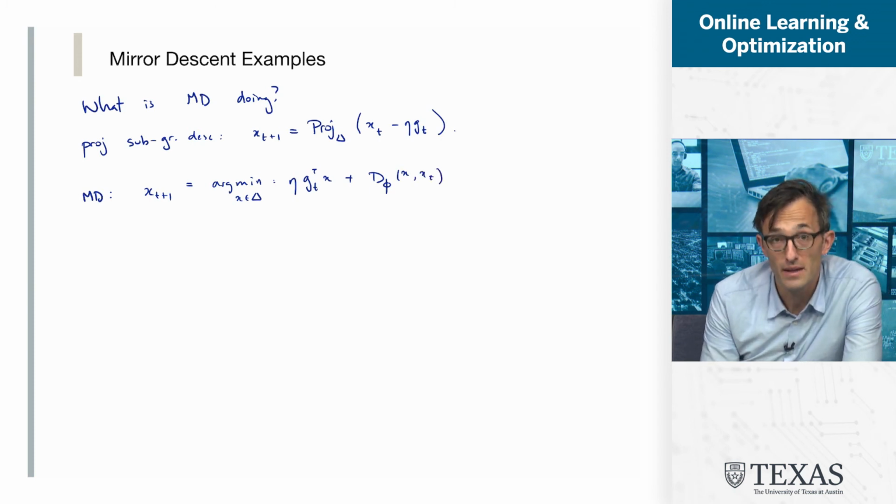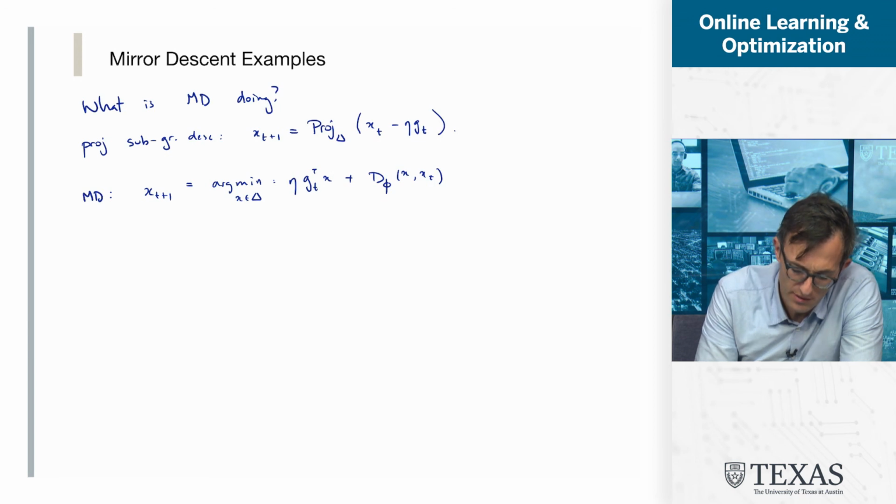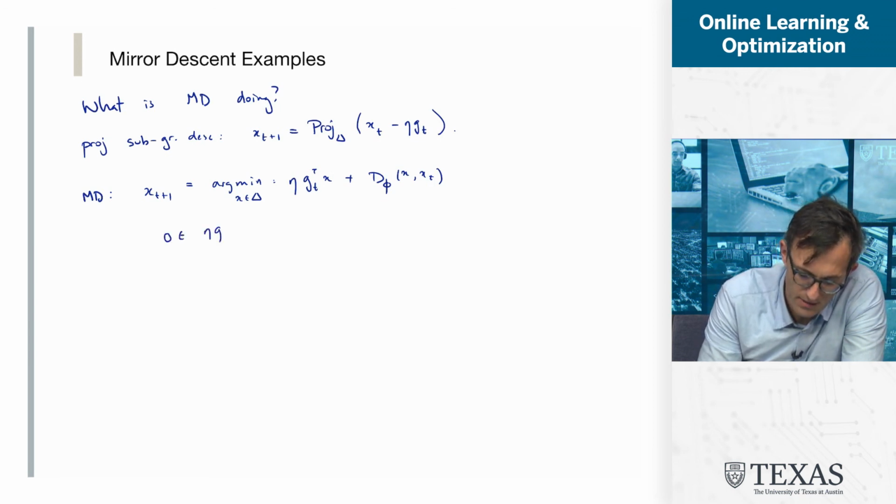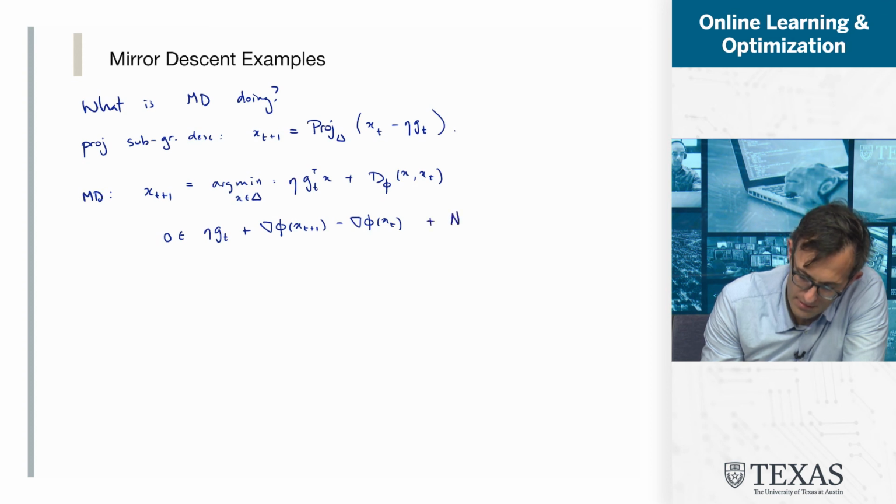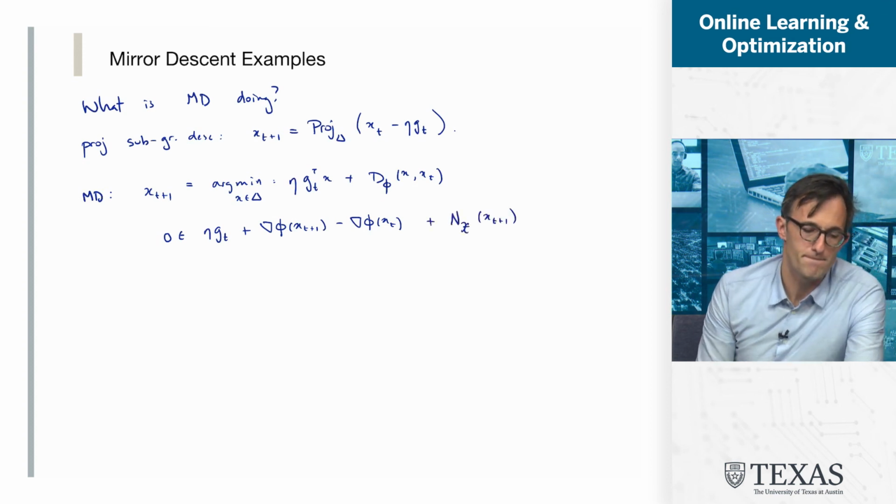Writing out the optimality conditions, as we've done before, this is the same as writing that 0 is an element of eta gt plus the gradient of phi of xt plus 1 minus the gradient of phi of xt plus the normal cone at xt plus 1.